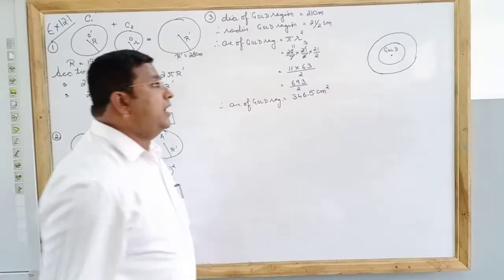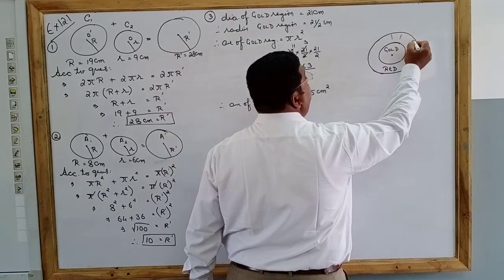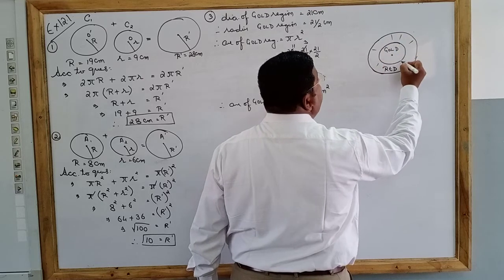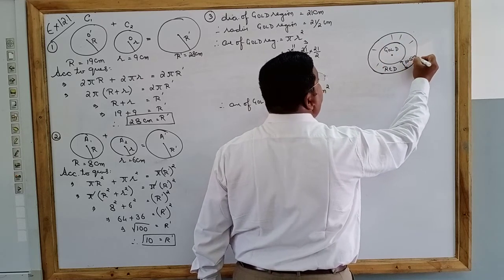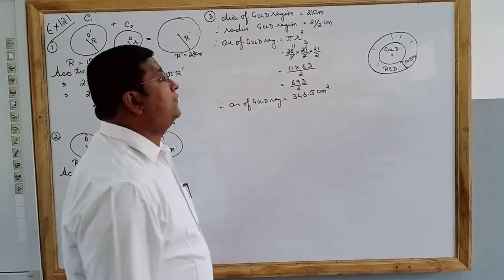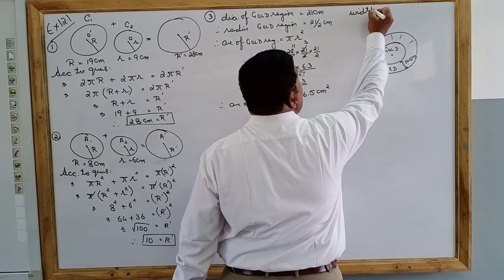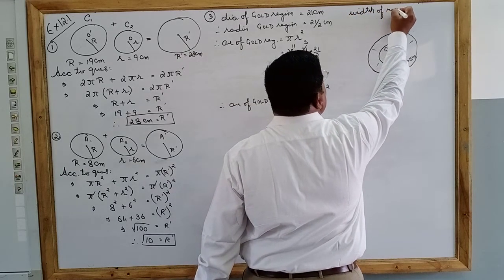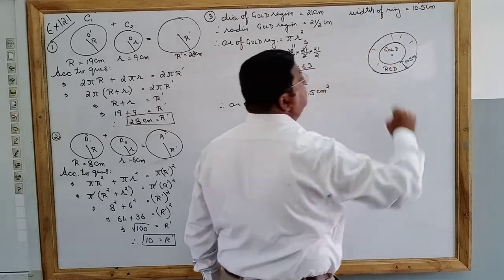Now this red region is a ring, and the width of this ring is 10.5 centimeter. In the question he says, width of ring is equals to 10.5 centimeter.